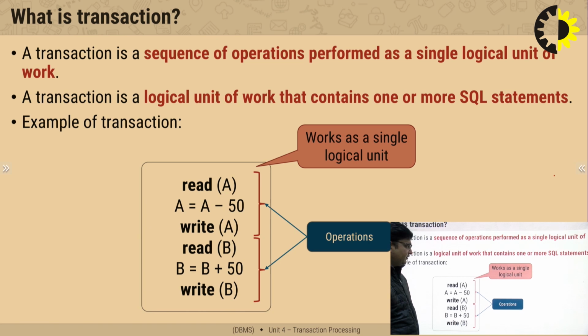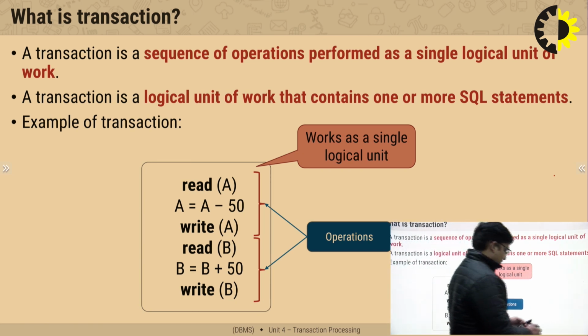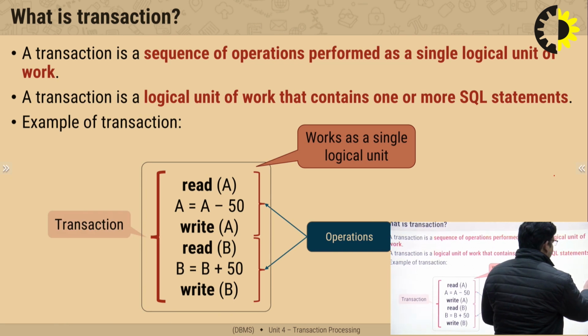So, these are the operations that we are performing. The whole of these operations combined together perform a single logical unit of work. That is the main purpose of the transaction.